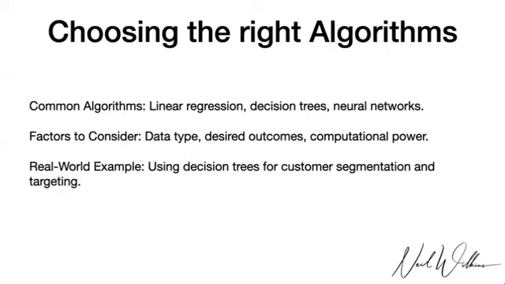So common algorithms, as we've seen before, things like linear regression, decision trees and neural networks, and the factors to consider, so the types of data that we have available that we can work from, the kind of desired outcomes that we are actually looking for. So what kind of outcome are we looking for from this predictive analysis? And also the computational power.